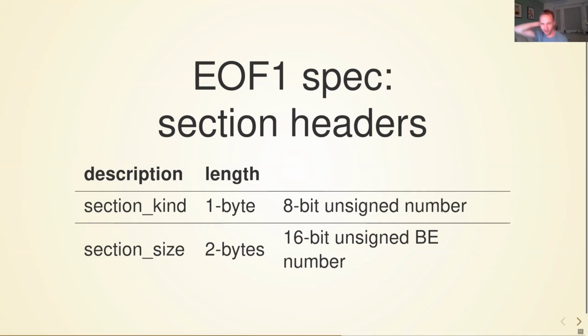The section headers specify what sections will follow: a 1 byte section kind indicator and the size of the section, which has 2 bytes allocated. This is not set in stone as of now, but we selected values that make sense for the sizes of contracts currently being used.